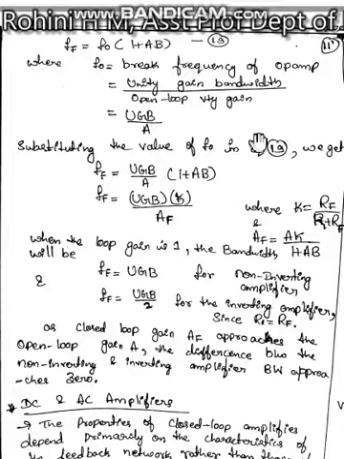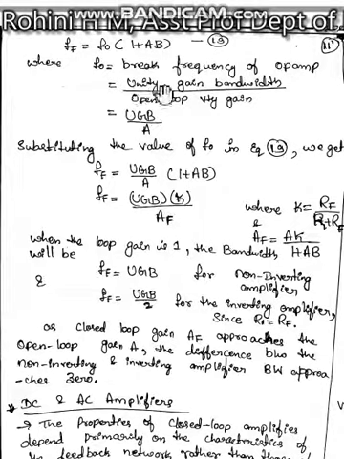So we can write that with feedback the bandwidth FF is equal to F naught into 1 plus A beta. So with feedback the frequency is greater than without feedback by the factor 1 plus A beta, where F naught is the break frequency of the op-amp.